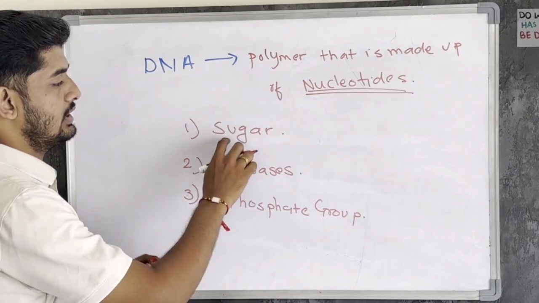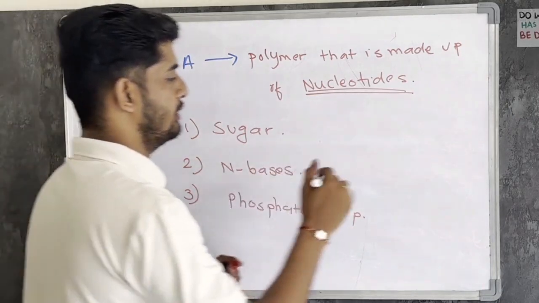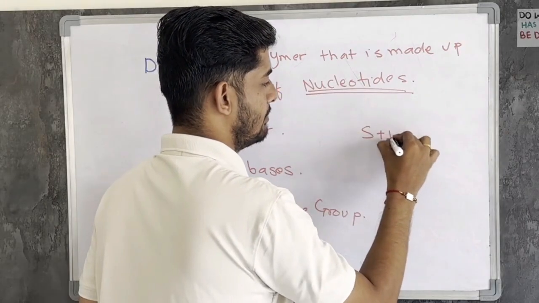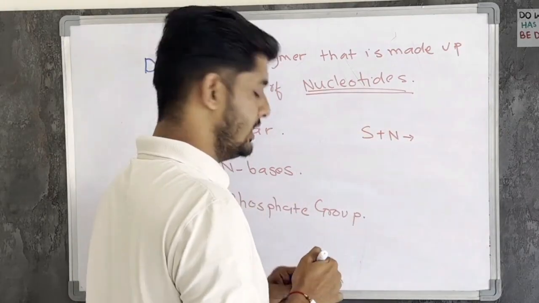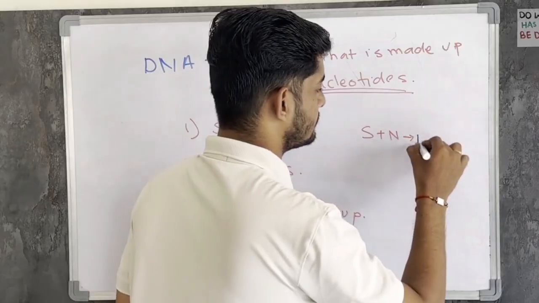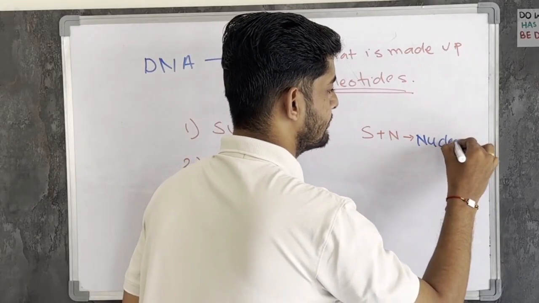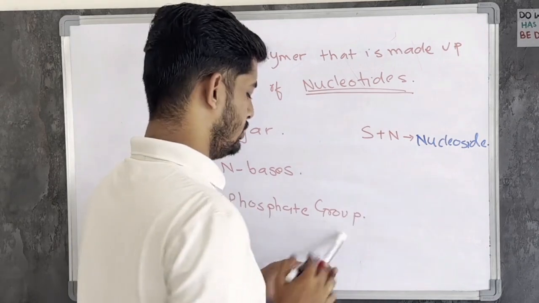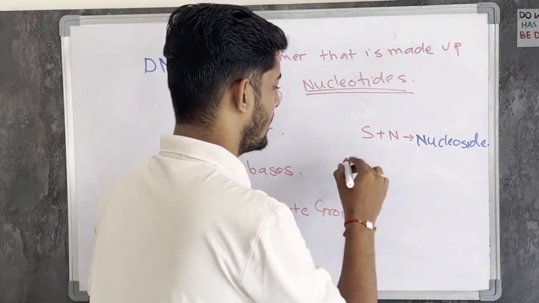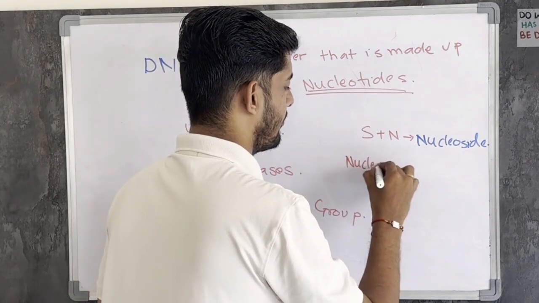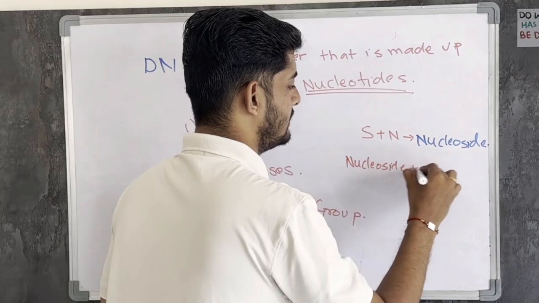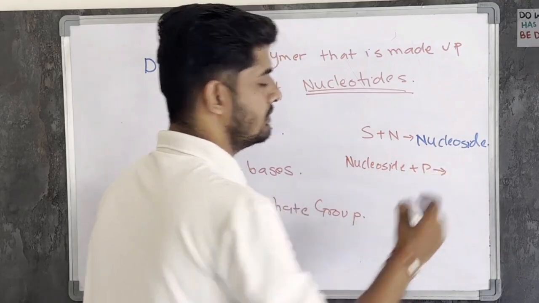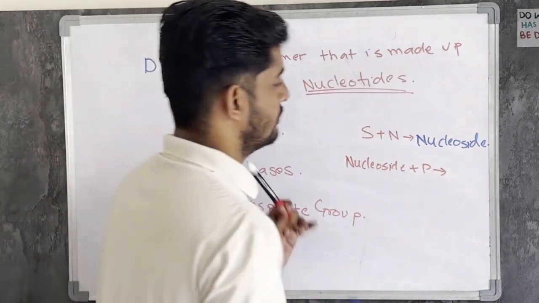Now, when a bond is formed between the sugar and the nitrogen base, sugar plus nitrogen base, this is called the nucleoside. Now, when this nucleoside and the phosphate group form a bond between them, this leads to the formation of the nucleotide.